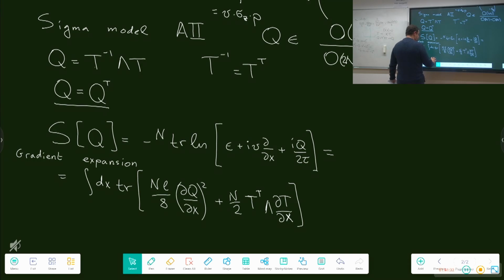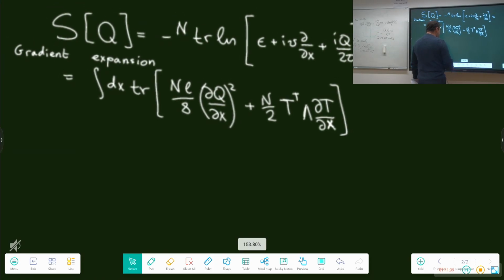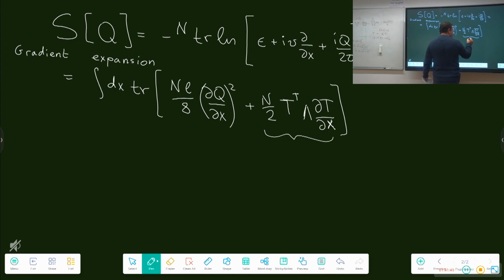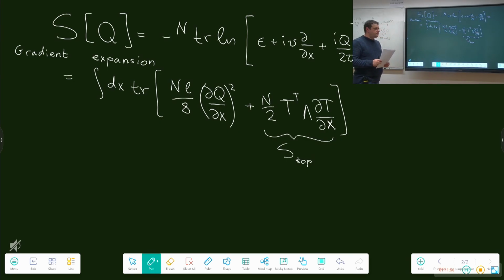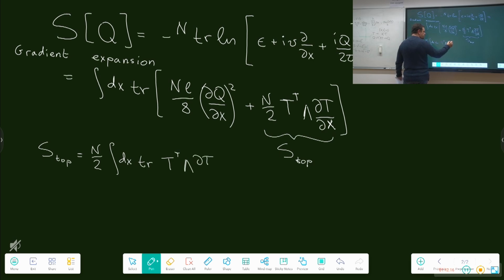And actually, we will do it right now. For some yet unknown reason, I will call this part here, with an index top, S top, equals n over 2 integral over x trace T transpose lambda dt by dx. That equals n over 2.